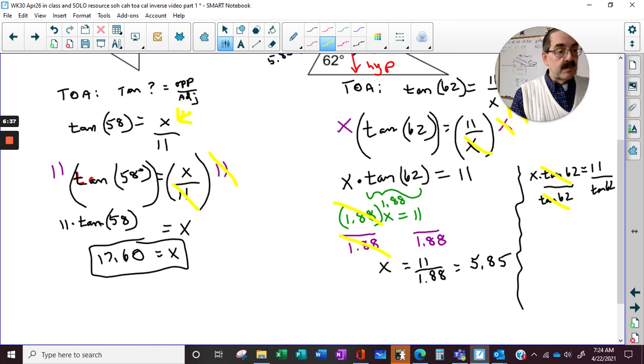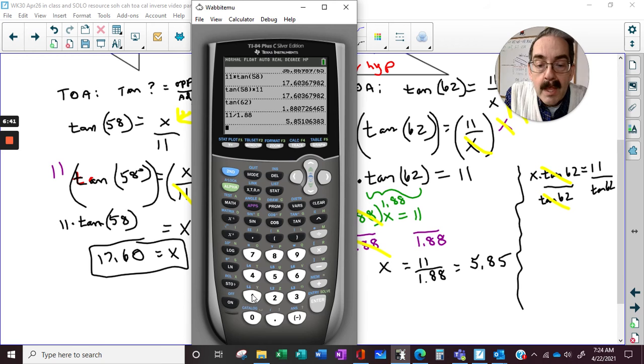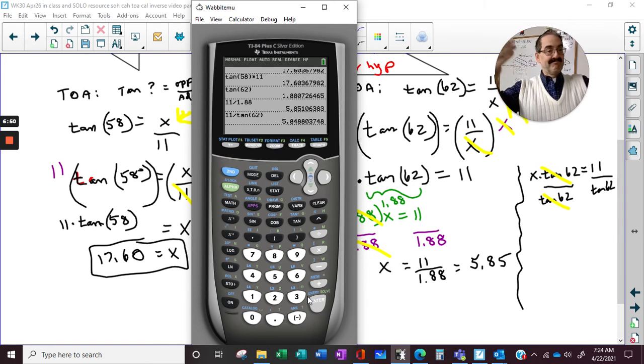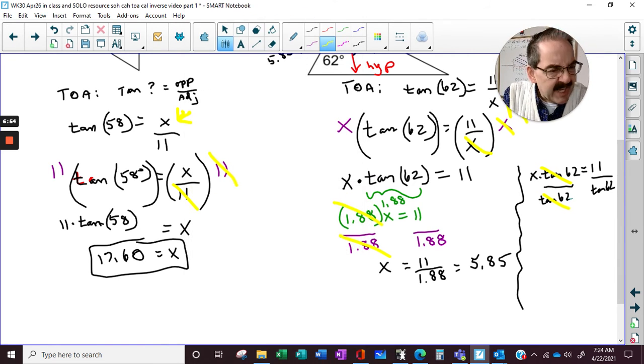Anything divided by itself is 1. I'll bet you if we type in 11 divided by the tangent of 62, we get the same answer. Isn't that cool? So, if that is confusing to you, tangent 62, because you're new at it, it's no problem. All that is a number.